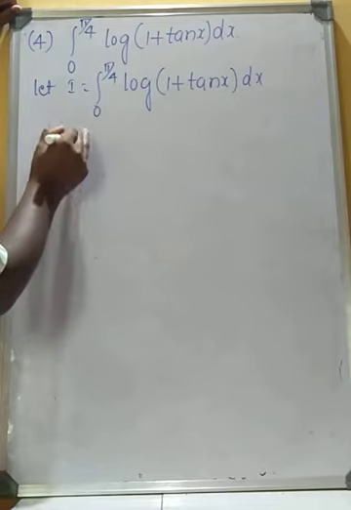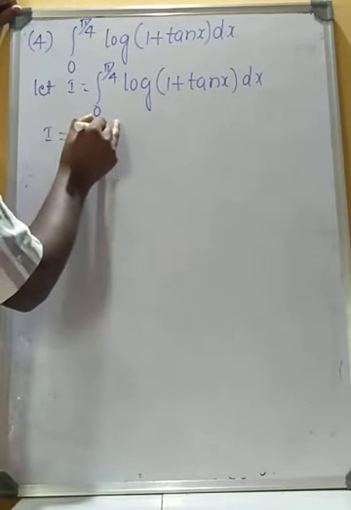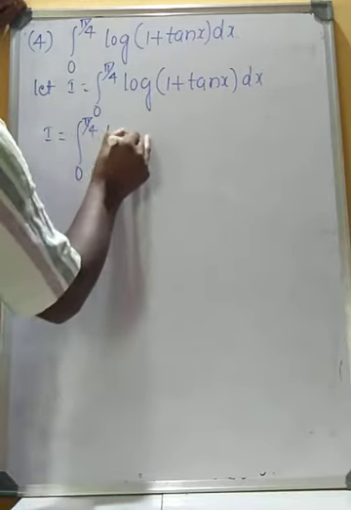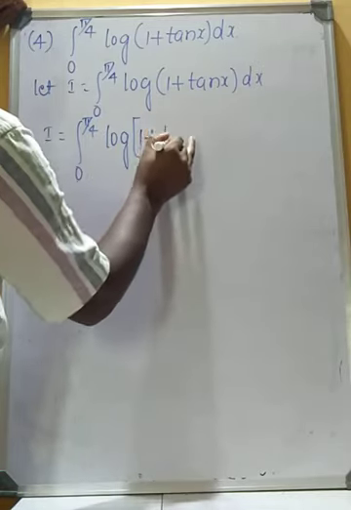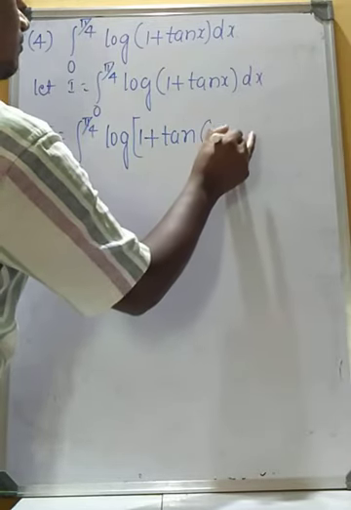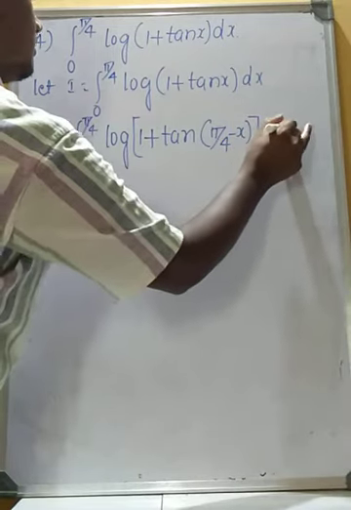Therefore I equals integral 0 to pi by 4 of log of 1 plus tan of (pi by 4 minus x) into dx.